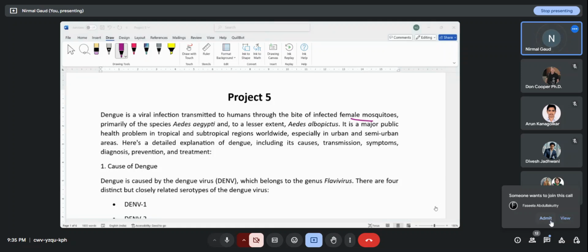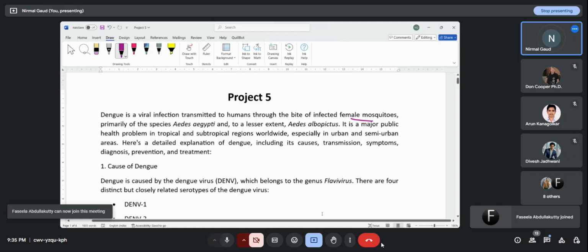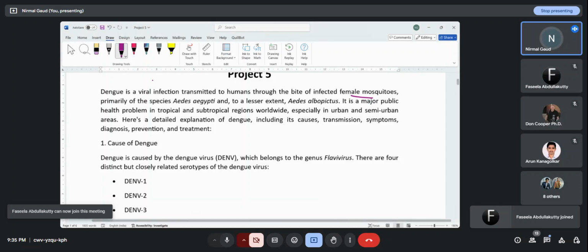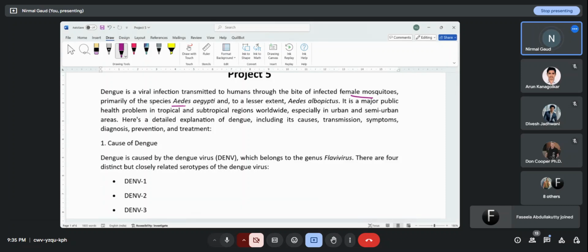Okay, and the name of the mosquito is Aedes. It is a major public health problem in tropical and subtropical regions worldwide.